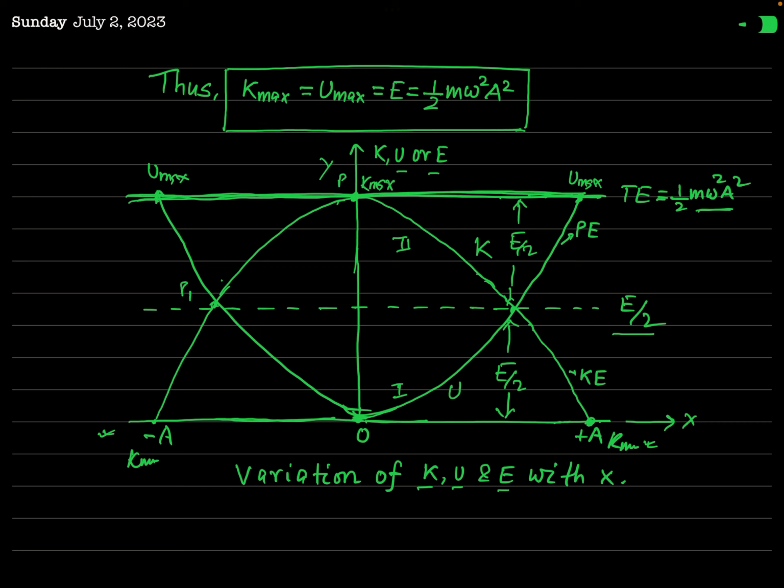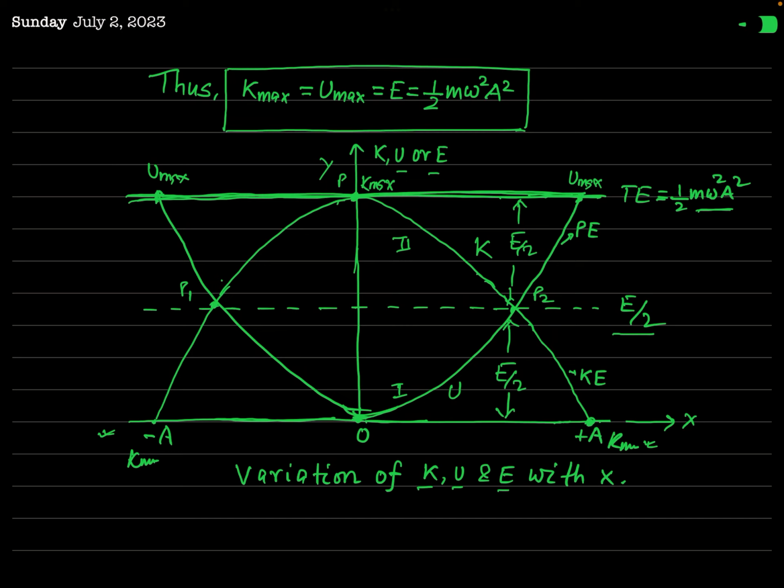You can see in this figure these points, let us say this is point P1 and this is point P2, where these two curves for U and K intersect one another. At the point of intersection, what will be the potential energy and kinetic energy? At this point of intersection, both will have the same value, and you know the total energy is constant, and K and U both are the same.